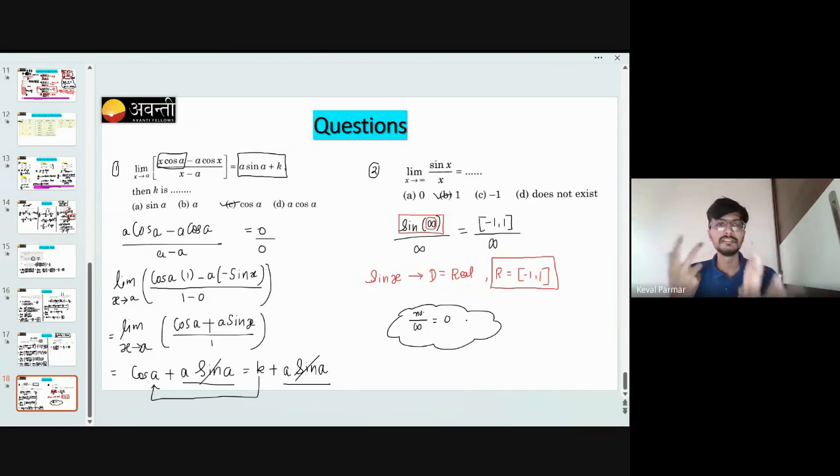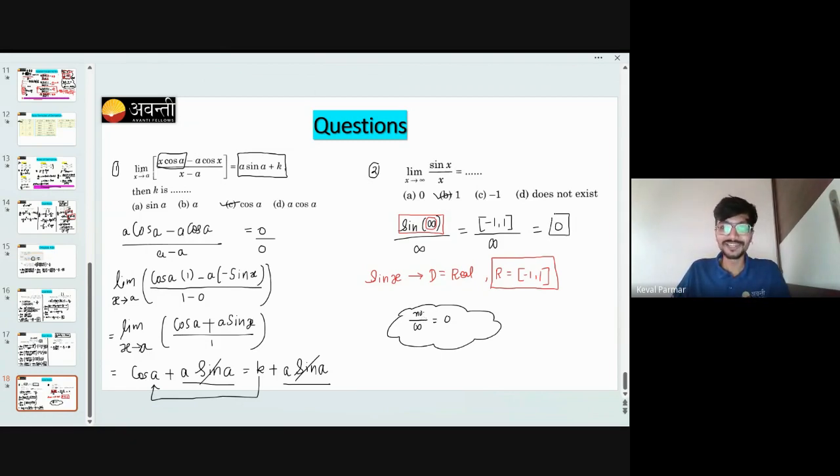And very, very close to zero, we write as zero. Suppose I get 0.000 with 100 zeros and then 1. What is the meaning of writing so much? We will write it as zero. So -1 to 1 upon infinity, or any number upon infinity, is always zero.